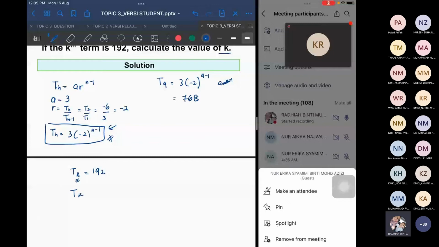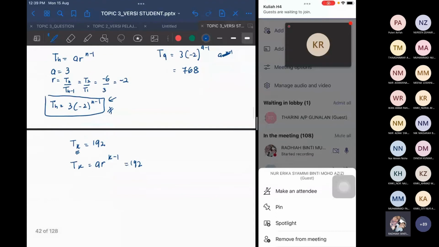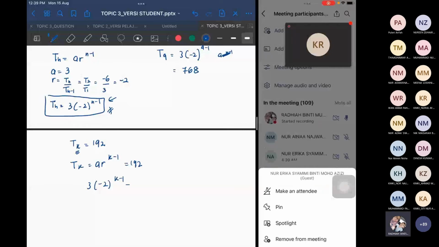So AR, so kalau biasa n tu sebab n term. So kat sini kita tukarlah K minus 1 sama dengan 192. Gitulah. Okay, so kita tahu our A is 3, our R is -2. Okay, K minus 1 sama dengan 192.